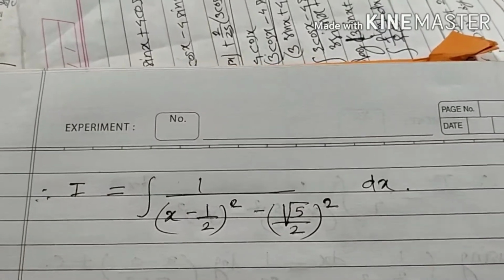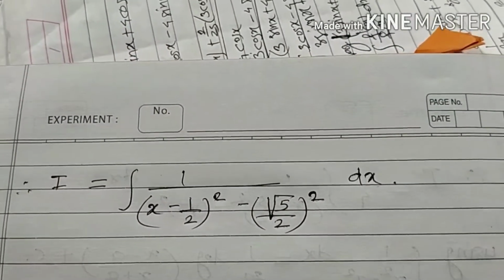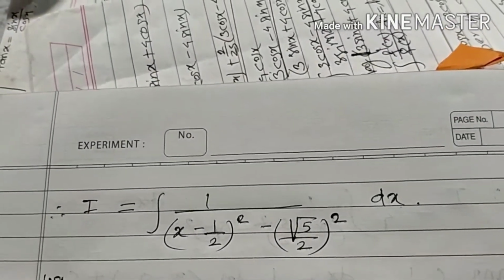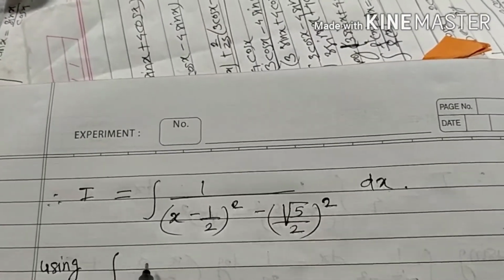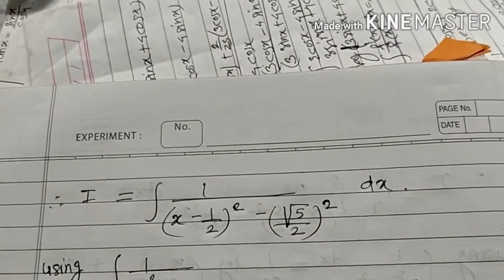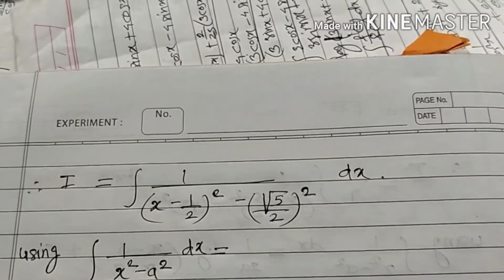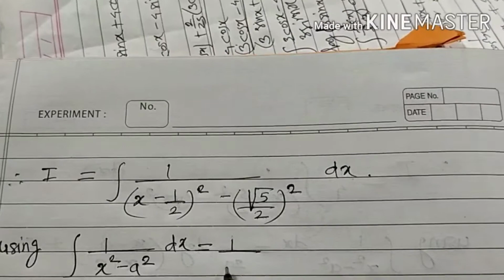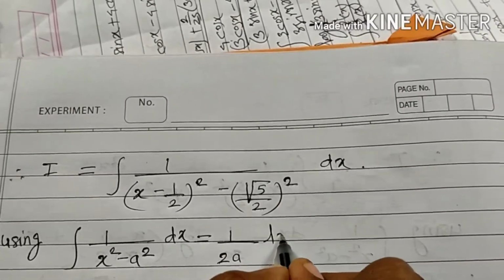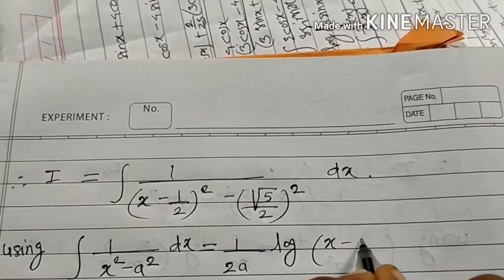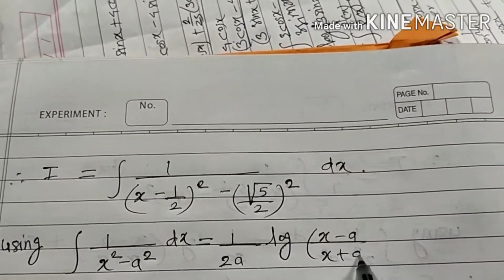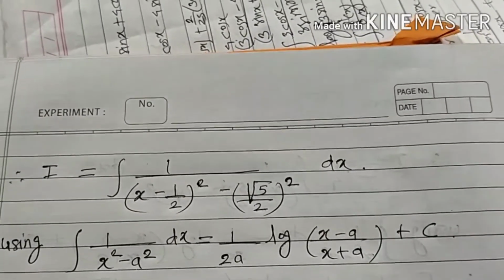Now next, using the formula, what is the formula? Using integration of 1 upon x square minus a square dx is equal to 1 upon 2a log of (x minus a) upon (x plus a) plus c.